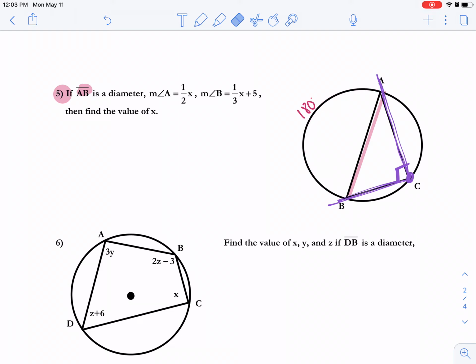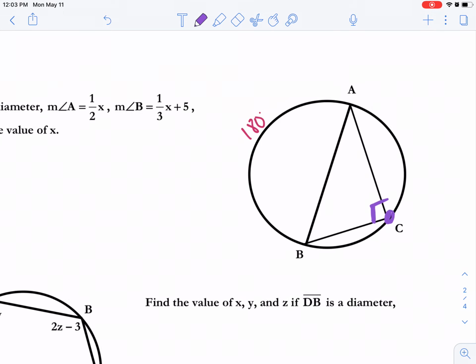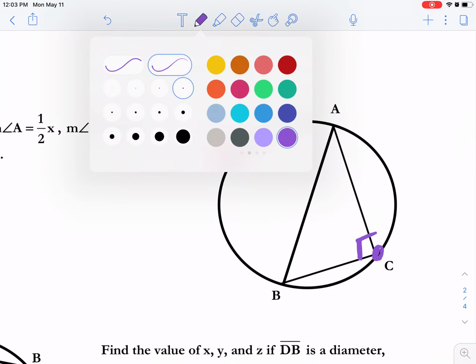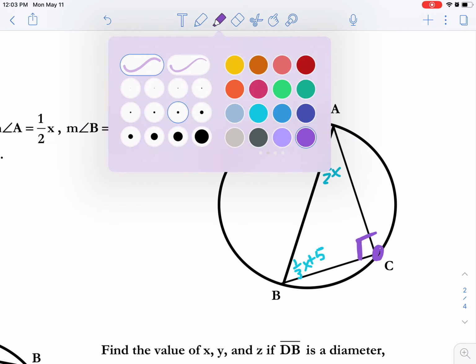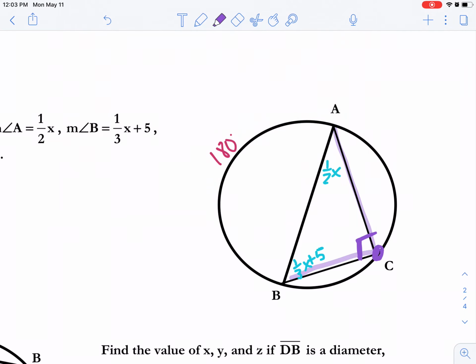Now that we know all of that, we go and look at the rest of the information. They're telling us that the measure of angle A is 1/2 x. The measure of angle B is 1/3 x plus 5. These two angles, if this is a right triangle, all three angles have to add to 180, right?